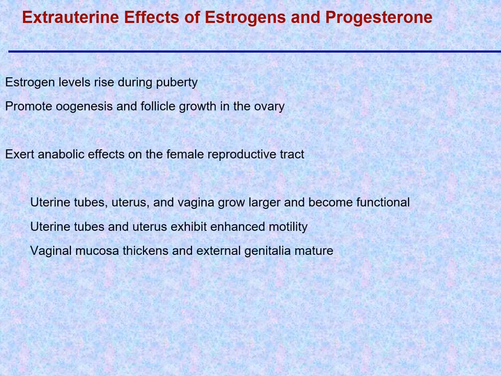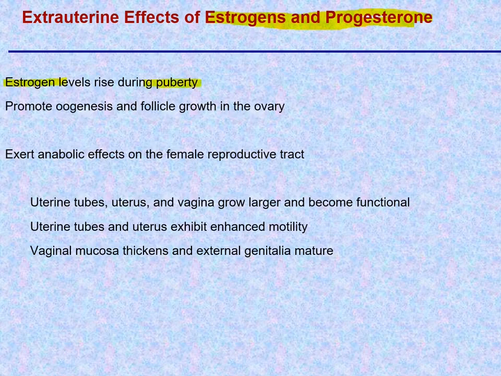What are the extrauterine effects of female hormones, estrogen and progesterone, that are produced by the corpus luteum or by the ovaries? Well, the ovaries produce a rising level of estrogen during puberty.